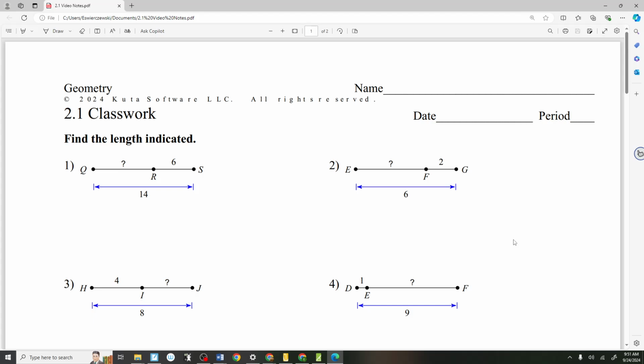In today's video we're going to be looking at what's called the segment addition postulate, which has a fancy name. It basically says that when you have a line segment QS with some point R in the middle, this piece QR plus RS equals QS.